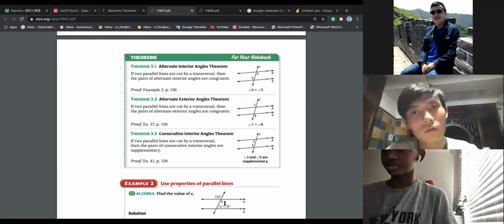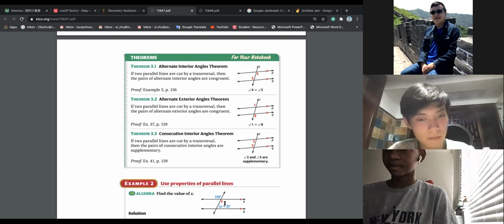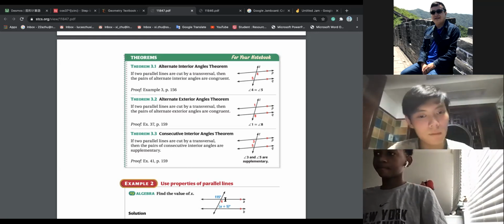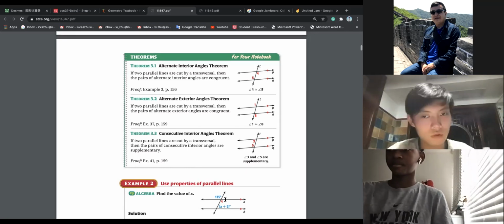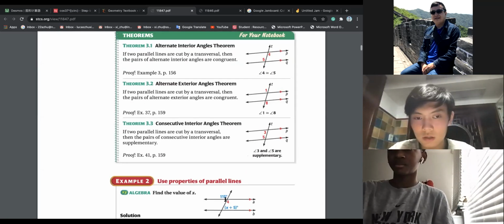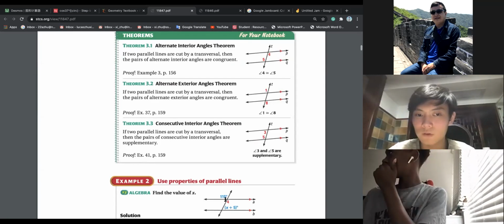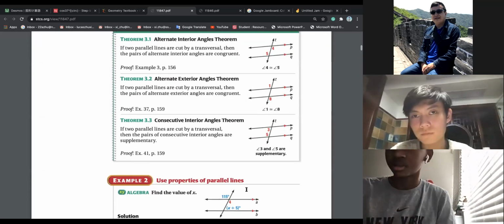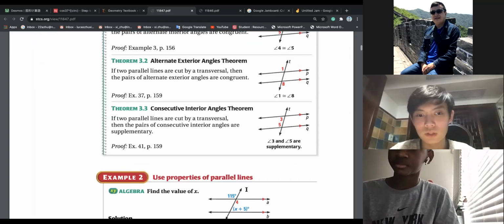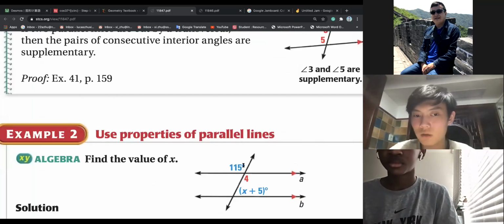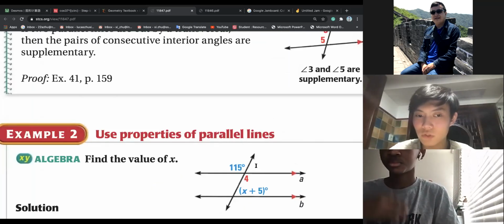Yeah, I'm stuck on this one. Okay, but then how about we use another way to do this? So we know this is 115, right? Then do you know the measurement of this angle?